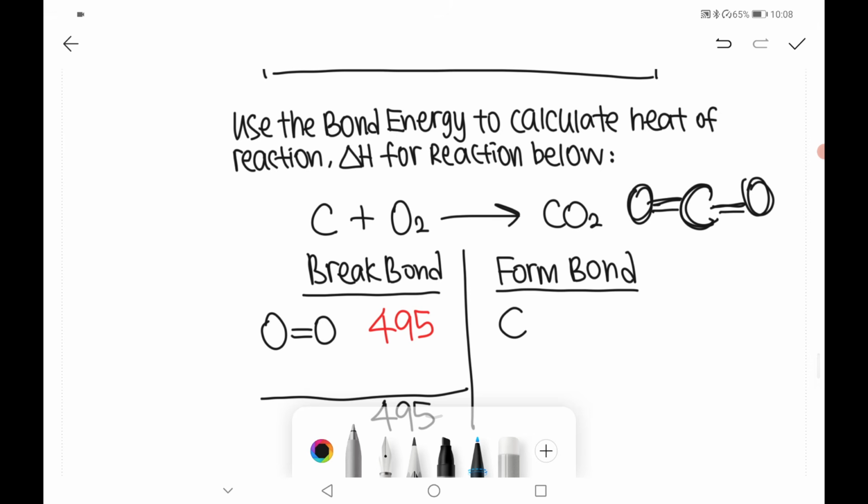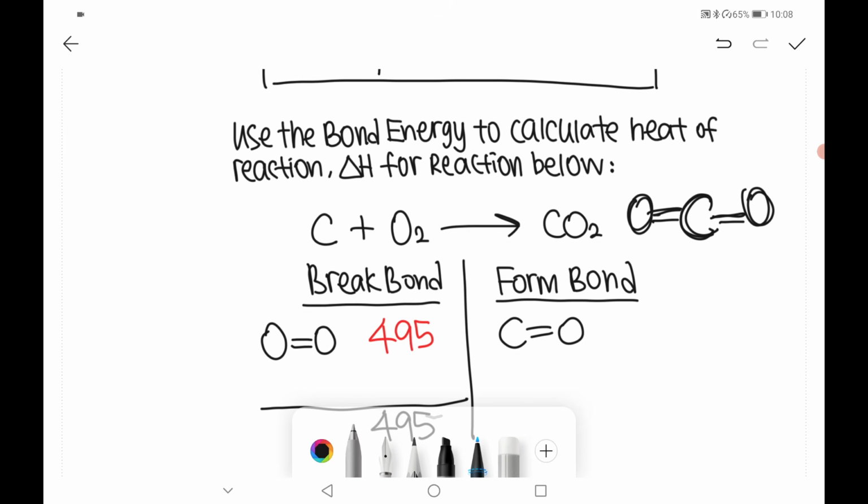So you need to draw C double bond O. How many C double bond O do we have? You can see here, C double bond O, that's one of it. Then C double bond O, another one. So we have two C double bond O, so you must times 2.